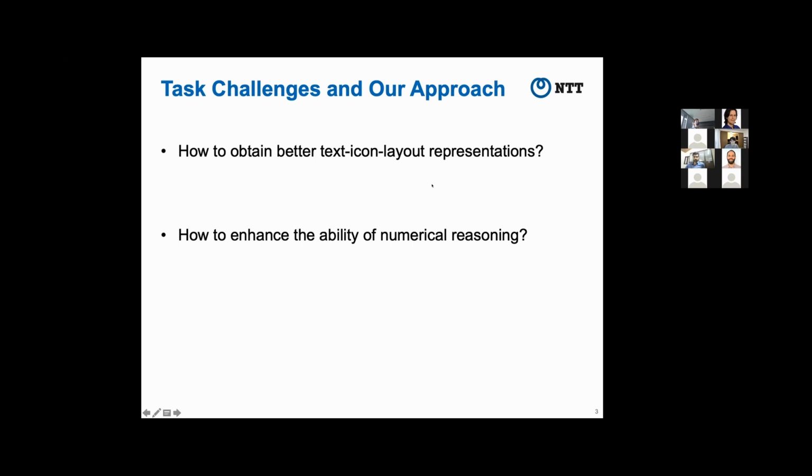To address this problem, we collected a large-scale infographics dataset for pre-training and built a new model to learn the interactions among text, visual elements, and infographic-related information.